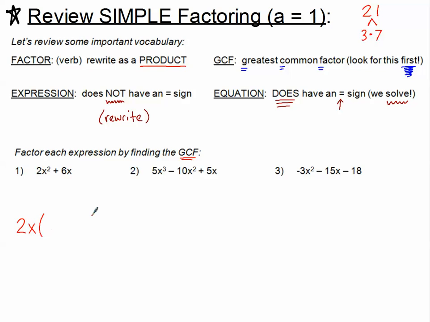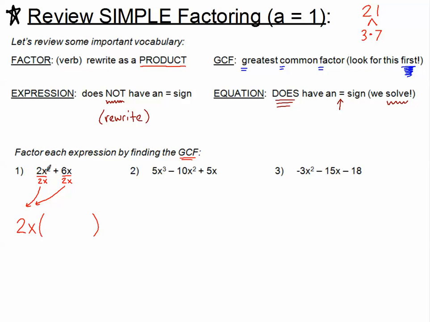Once I pull that out, I'm going to write a set of parentheses for everything else that remains. Now, what I mean by pull it out, I mean divide each term by that GCF. I'm going to divide each term by 2x and pull that out of my expression, and inside my parentheses will be what remains. So if I take the 2 and divide the 2 out, well, obviously there's only a 1 left.